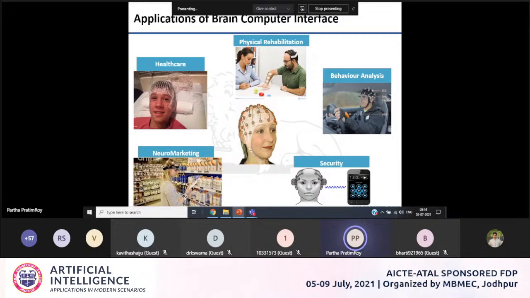From that pre-ictal period, can we find out the pattern? And if we see that this patient is going to have a seizure, then we can warn.